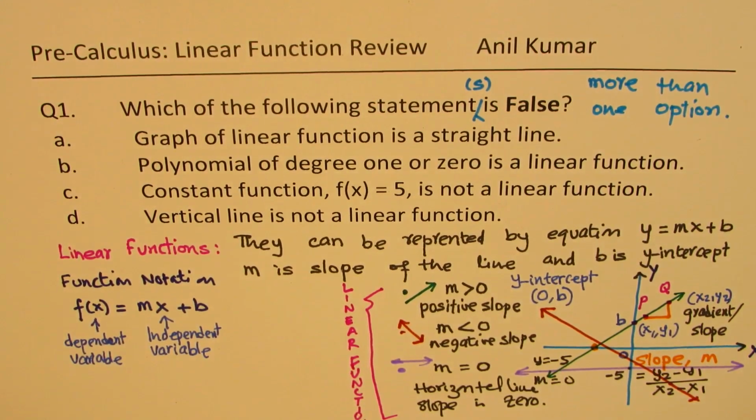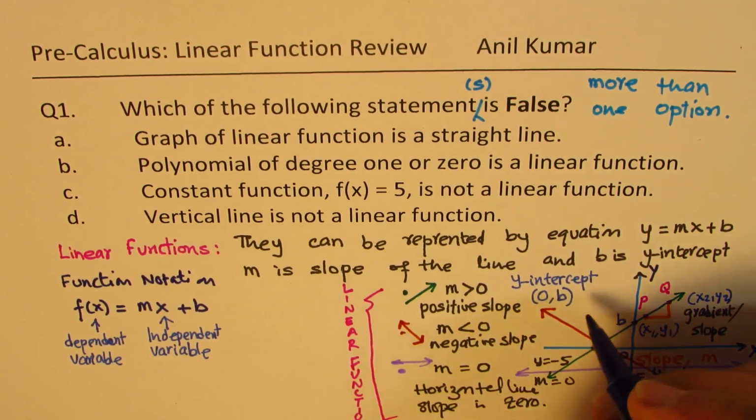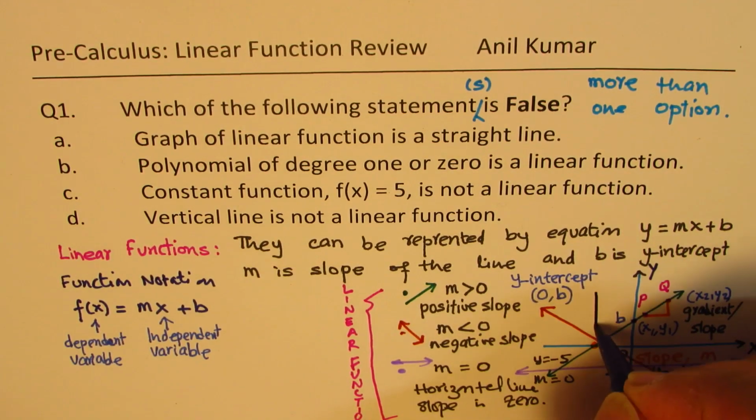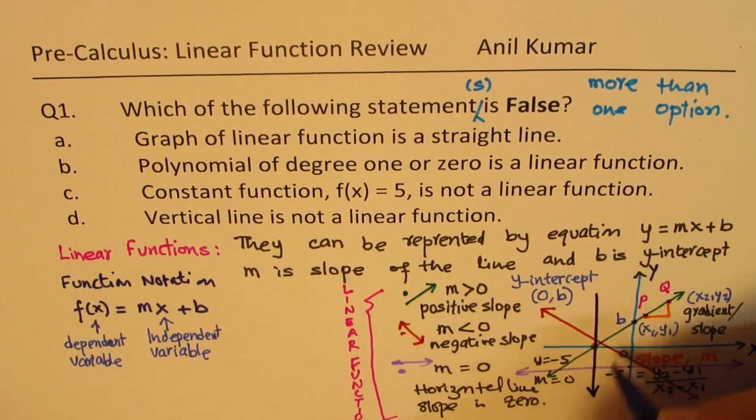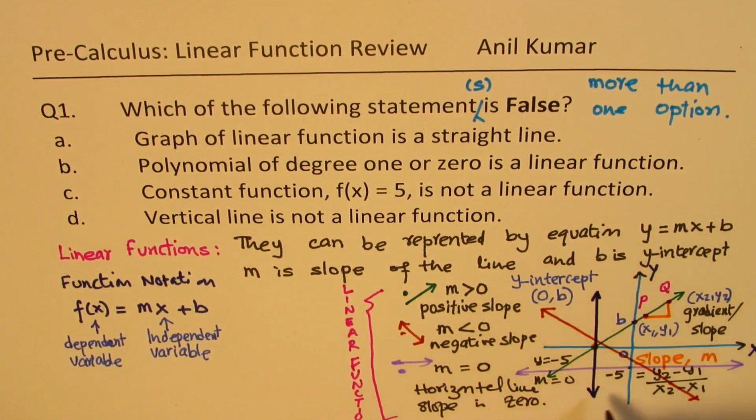Now, in this particular case, there could be a line which is a vertical line, right? If I draw a vertical line, then that will not be a linear function. So let me draw a line here. This line here is a vertical line.